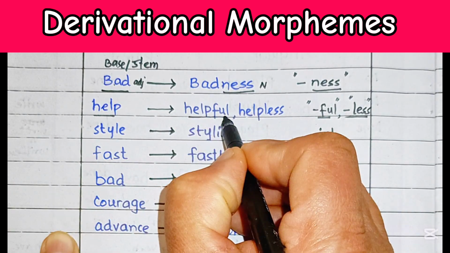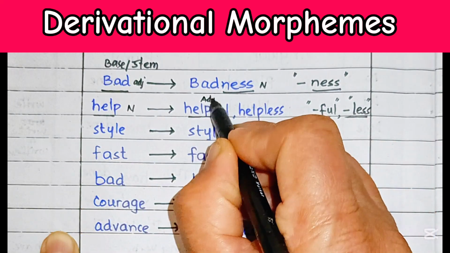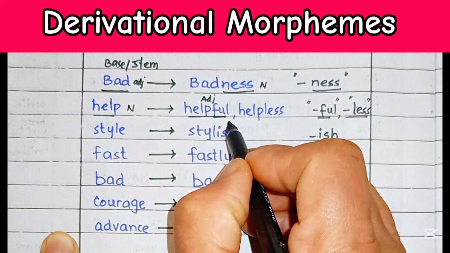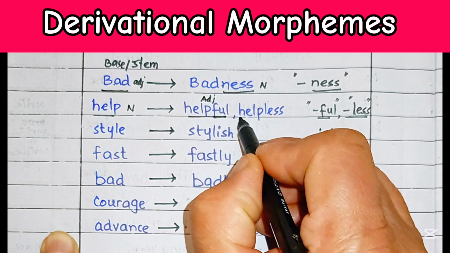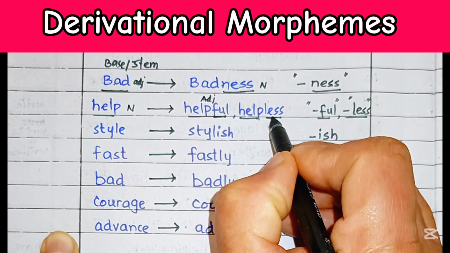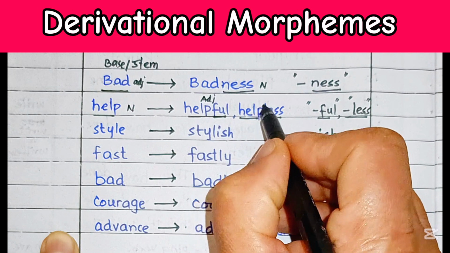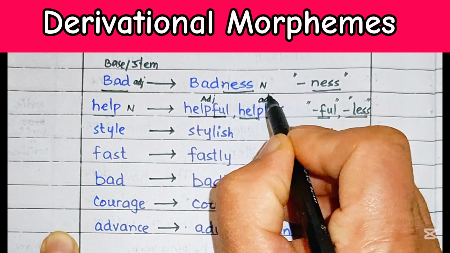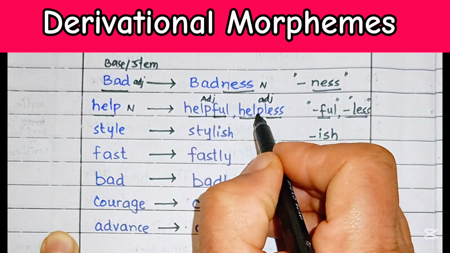This is converted into an adjective by adding full at the end, which is a derivational morpheme. And same goes for helpless. Once we add the derivational morpheme less at the end of help, that was a noun, it converts it into an adjective.